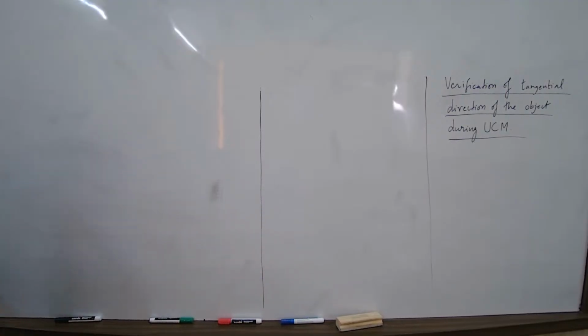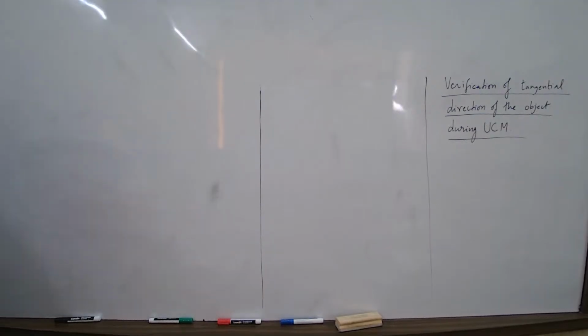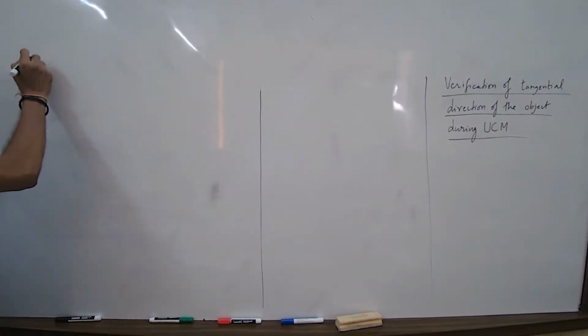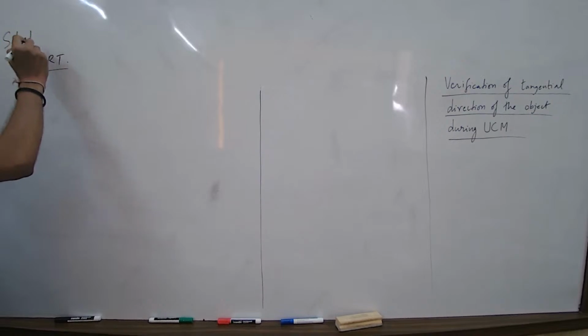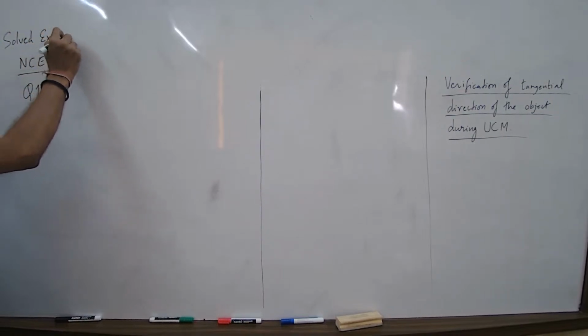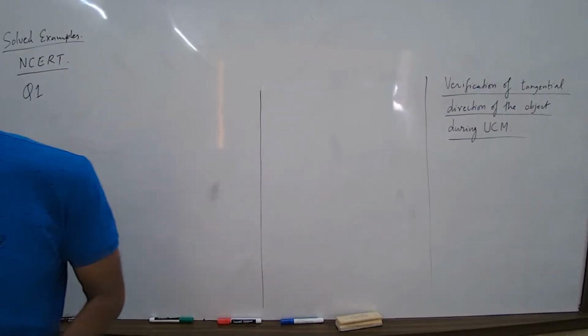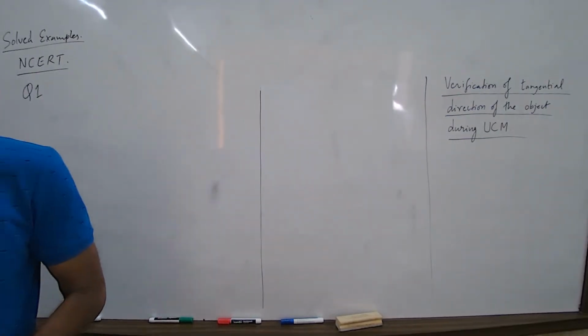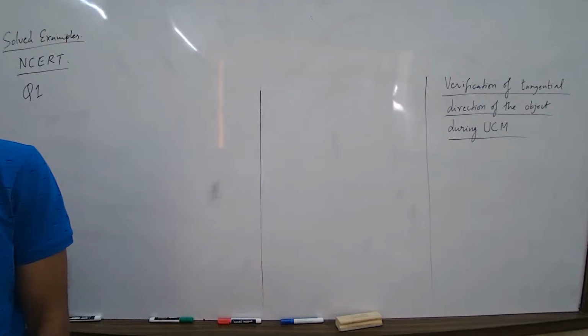Okay, so this is the first NCERT question of this chapter, solved example 1. I'll read the question, so listen to me carefully. An object travels 16 meters in 4 seconds, then another 16 meters in 2 seconds.